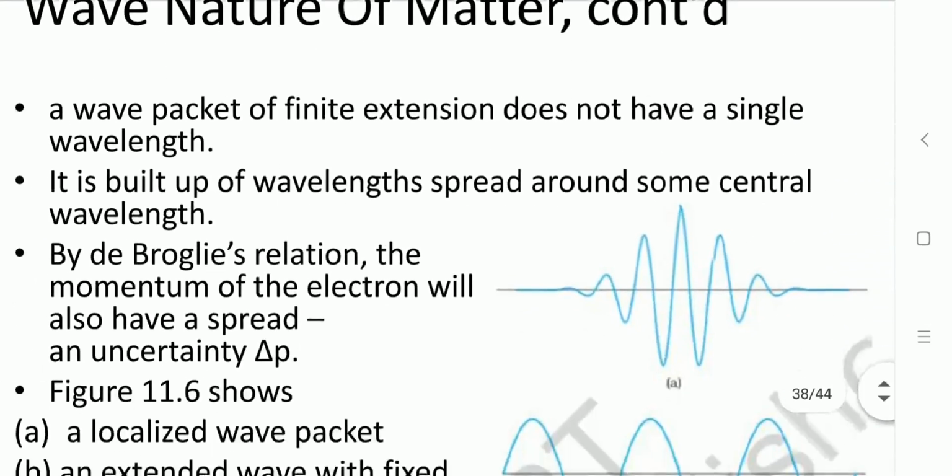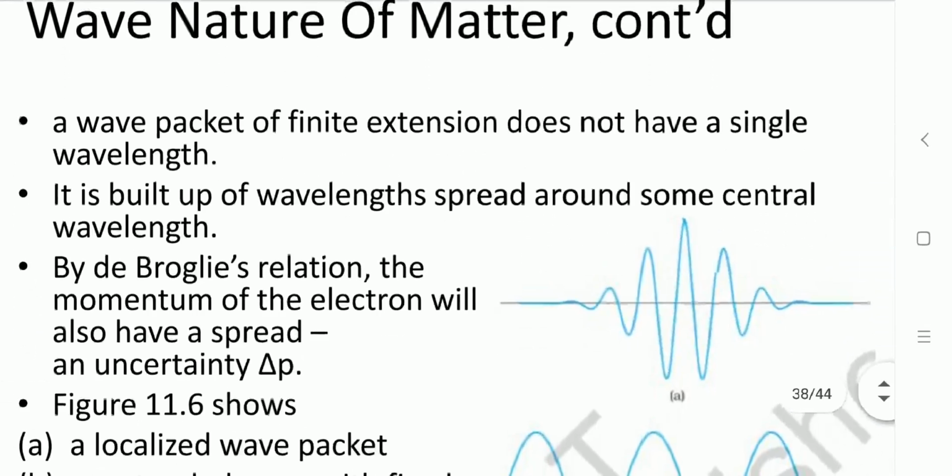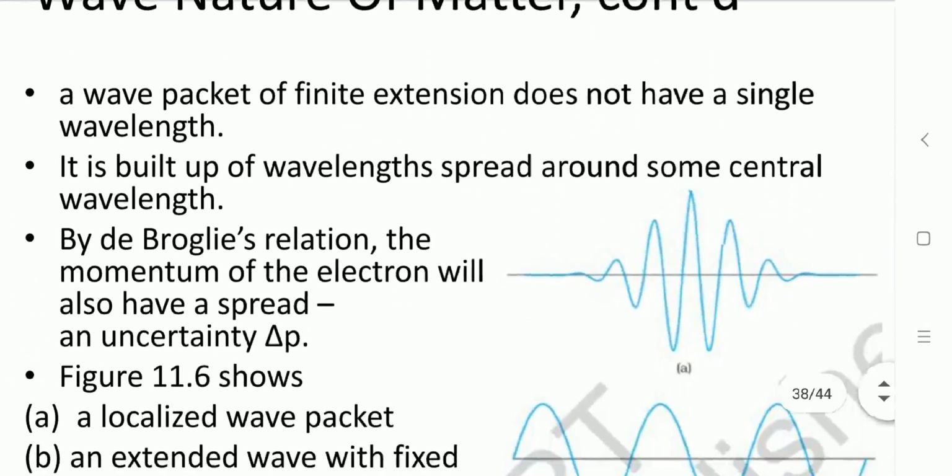A wave packet has a finite extension and does not have a single wavelength, but is built up of wavelengths spreading out around some central wavelength. As we can see in diagram A, the central wavelength has maximum amplitude, then it reduces and spreads over a certain spectrum.